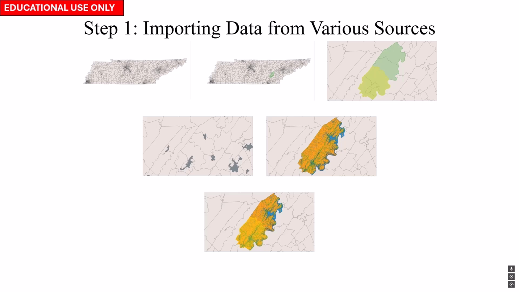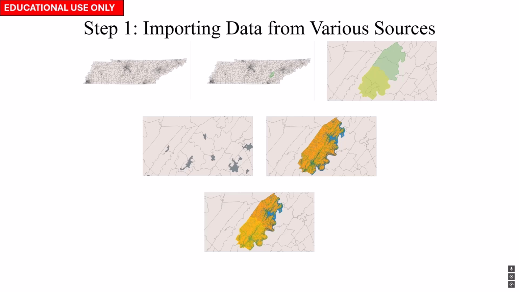And then in the top right, you can see the green polygon and the yellow polygon. Again, the green polygon represents the county, and the yellow polygon represents the census tracts that make up the small town.